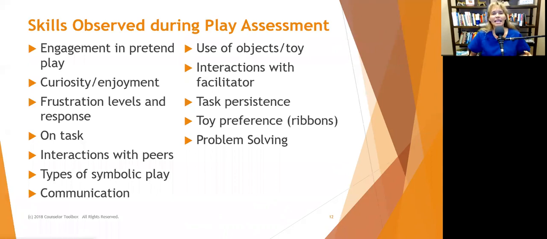But we can get an idea about what the child likes, because my daughter loved ribbons. When she was little, she wanted to put ribbons on everything, and that just made her so happy. So we can figure out what they like, and we can also discern some things, like children who don't like to play in the sandbox. It could be they just don't like the sand. It could be they don't like the feeling of the sand between their fingers or whatever. So we can get some more ideas.